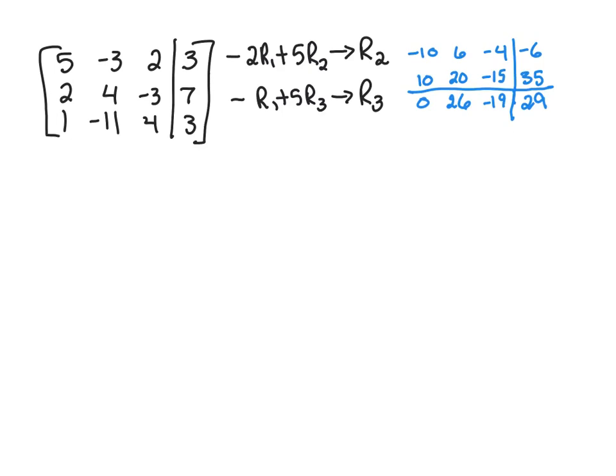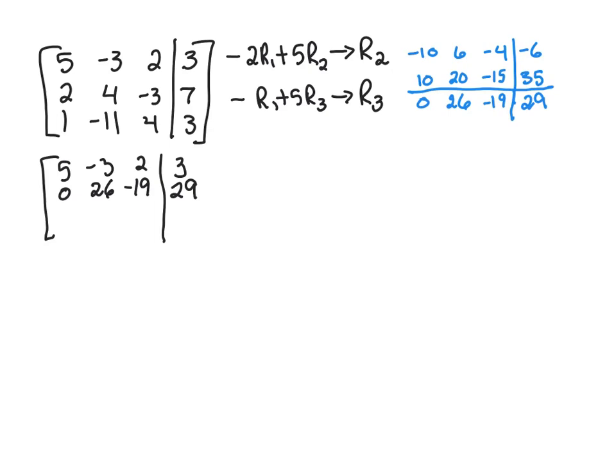So I'm going to just go back and write what we have so far. Row 1 stays the same, being very careful with my minuses. My new row 2 is 0, 26, -19, +29. And now I'm going to go back and do the busy work to replace row 3.